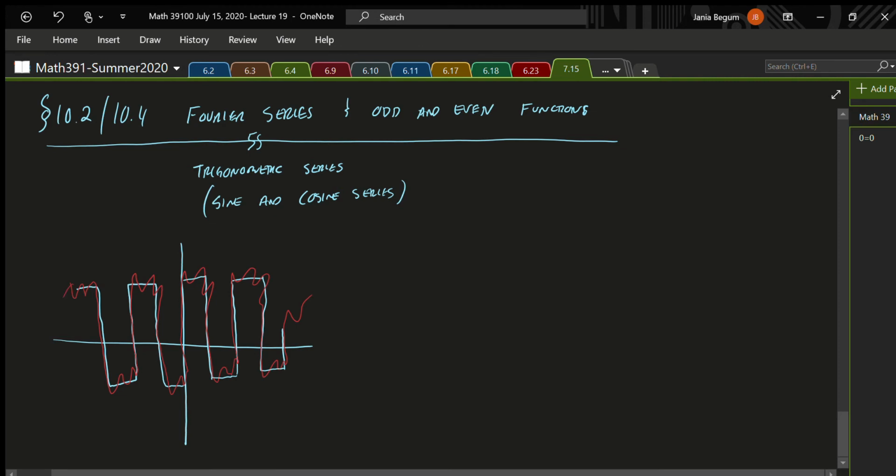The red represents the Fourier series. That's the idea. If you have any broken pieces, as long as the function is periodic, you can represent it as a sine or cosine function or both, and then the picture would be a very smooth, nice function, very closely approximating the original given function. That's the idea behind Fourier series.